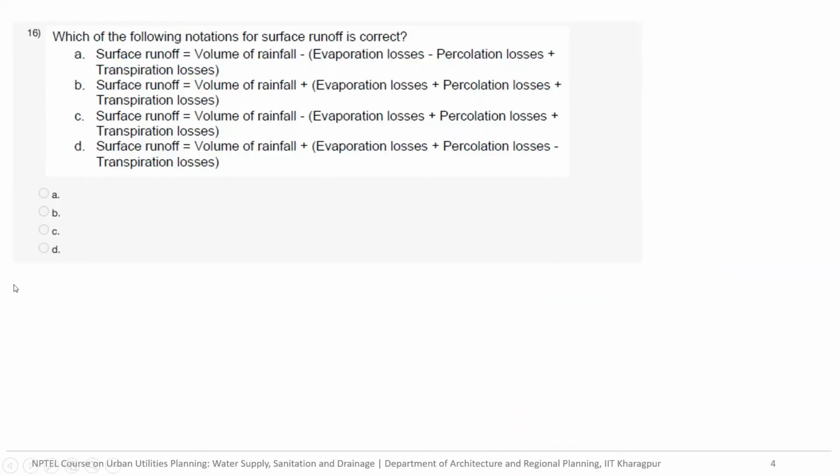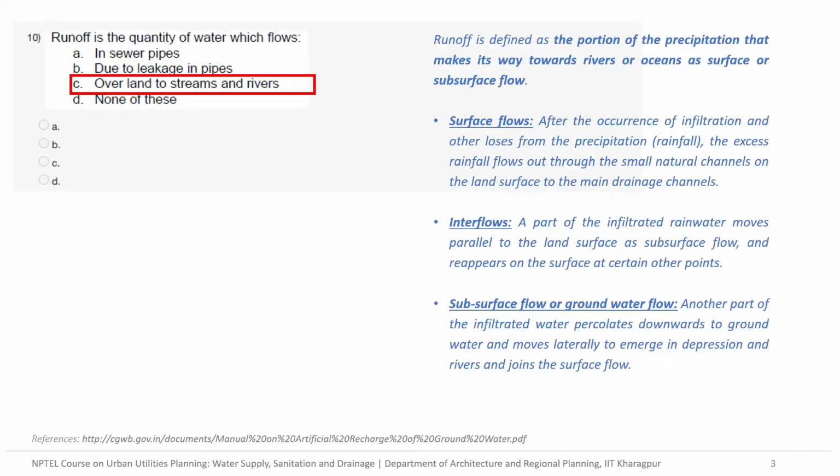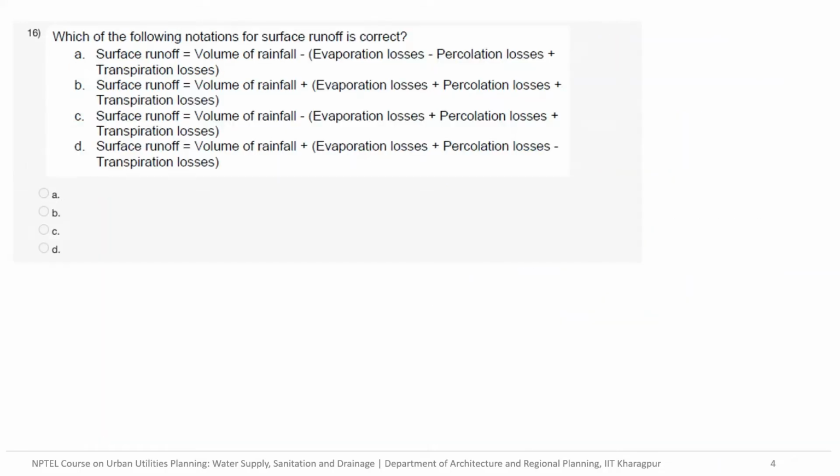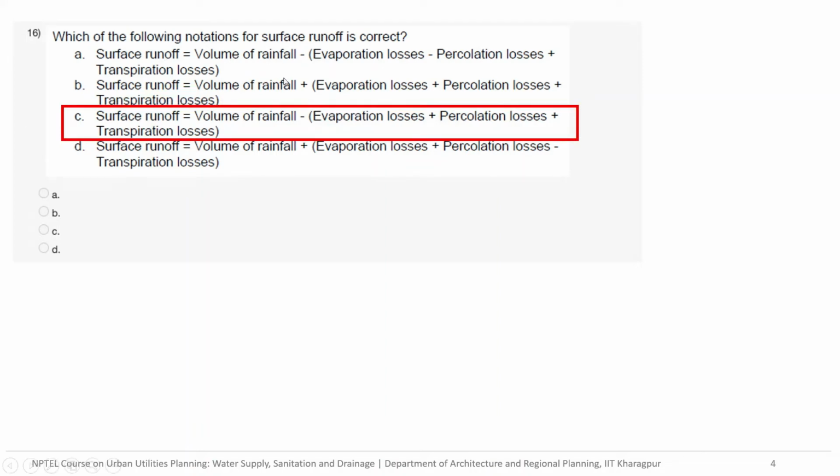So which of the following notations for surface runoff is correct? Essentially, that's all the water that is flowing over land to streams and rivers. So when we look at these equations, we realize that C is the total volume of rainfall minus evaporation losses, percolation losses, and transpiration losses.